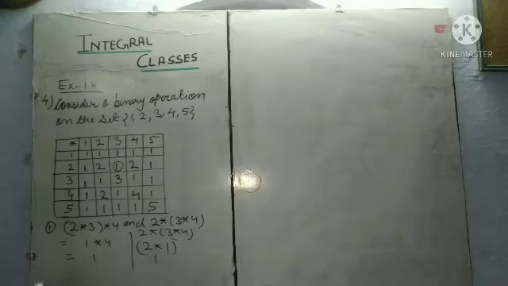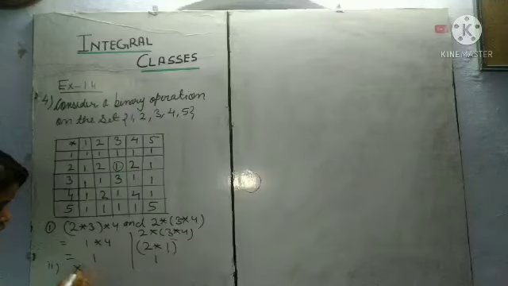Now question number 2 is: is this operation commutative? We will use the star property here. It asks whether this is commutative or not.